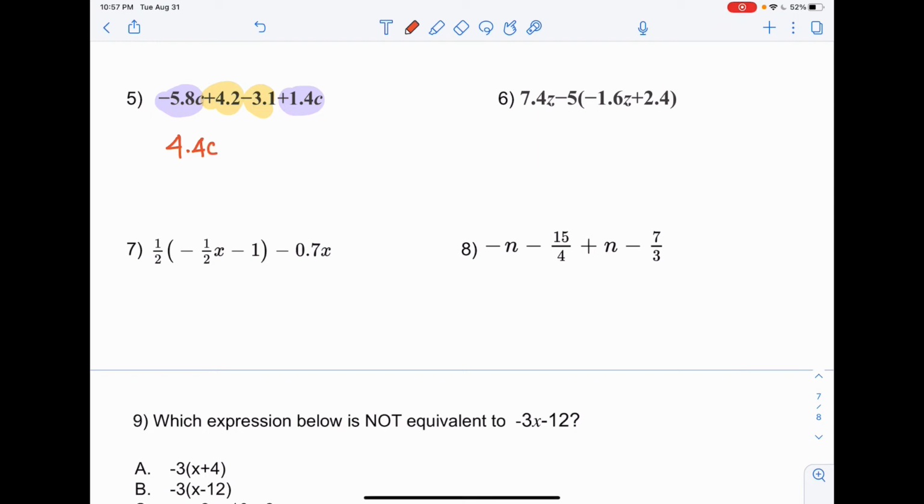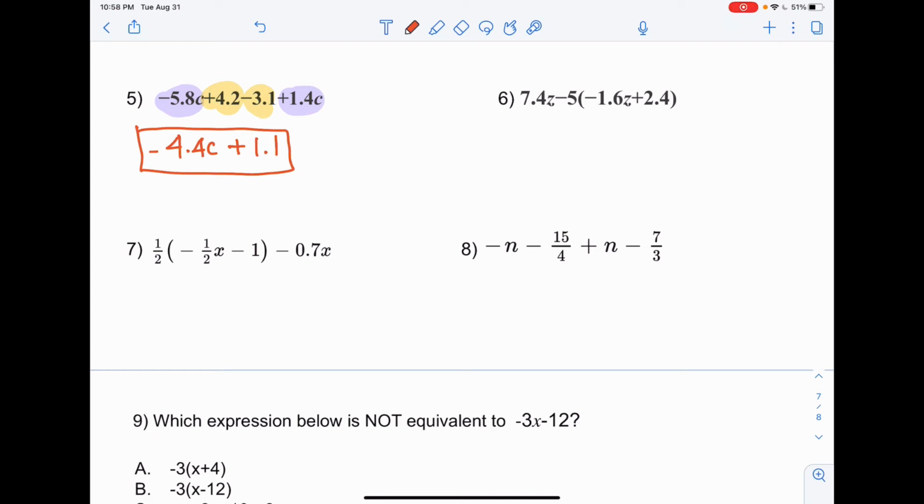Since negative 5.8 as an absolute value is the larger number, it should be a negative sign. Okay? Plus, if you add 4.2 and negative 3.1, which we will subtract, you will get 1.1. Since as an absolute value, 4.2 is a larger number, we will get 4.2's sign. And done.